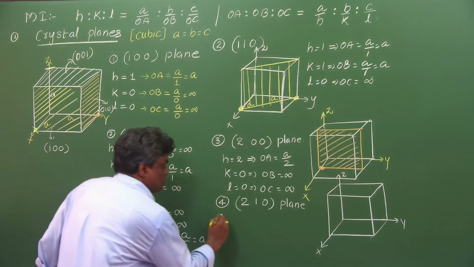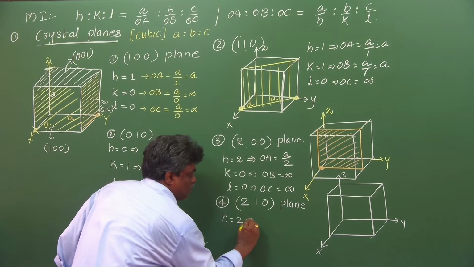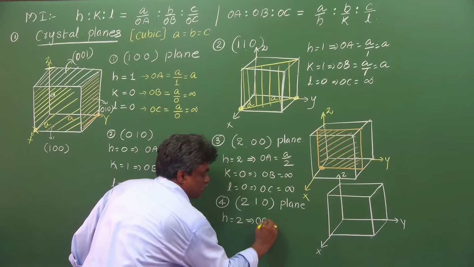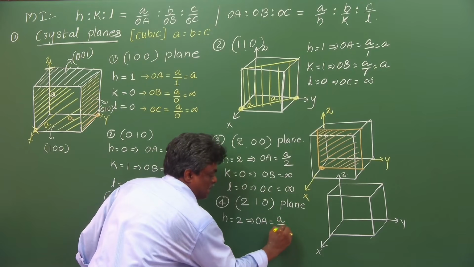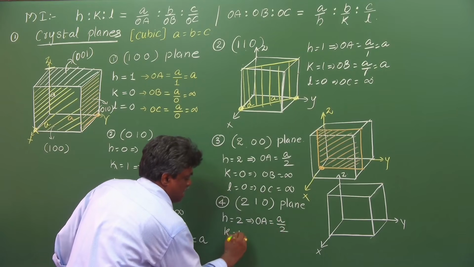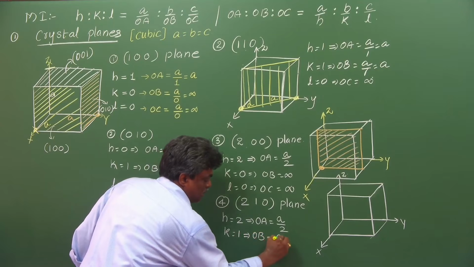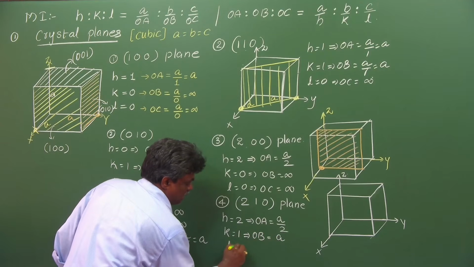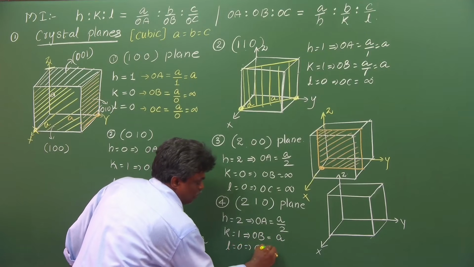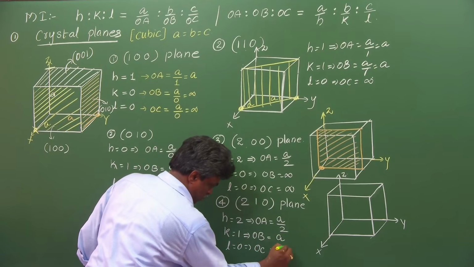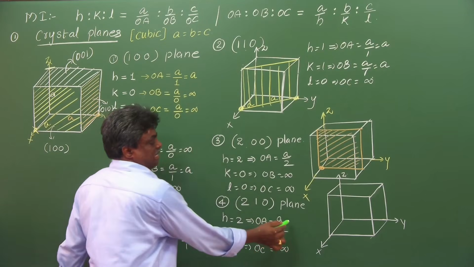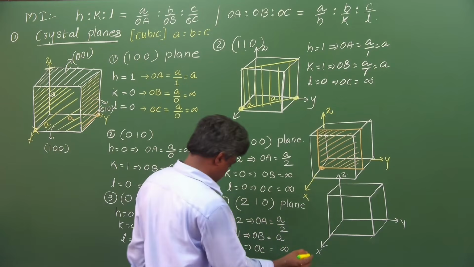Right. So your h equal to 2, I hope you have done. The x-intercept OA equal to A by 2, that's it. And k equal to 1, the y-intercept OB equal to A by 1. And L equal to 0, z-intercept is A by 0, infinity. So it is intersecting only x and y axis.